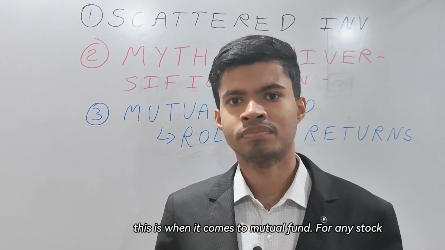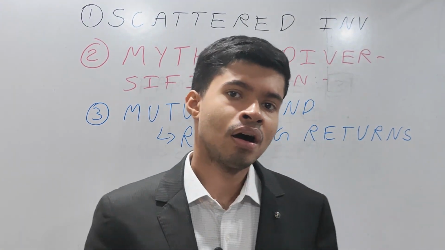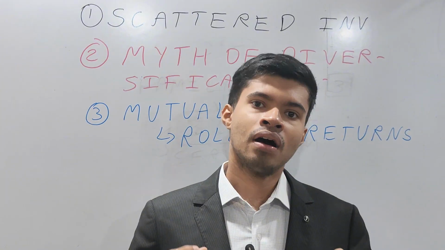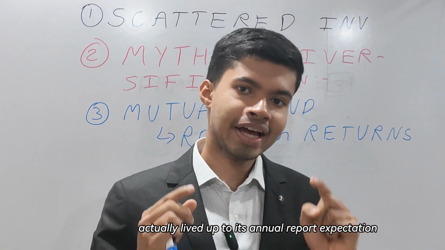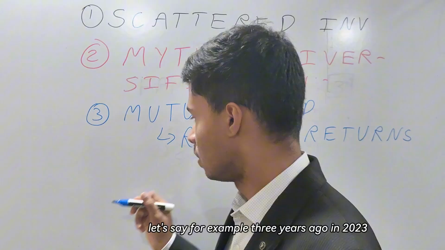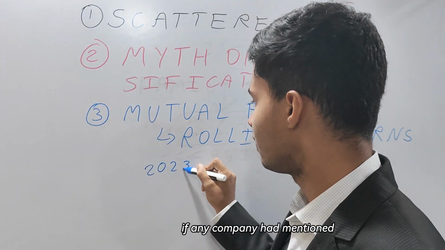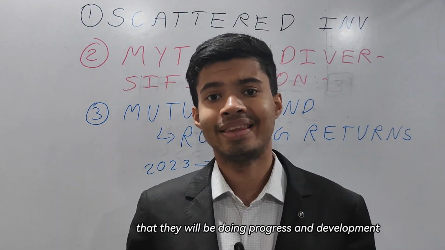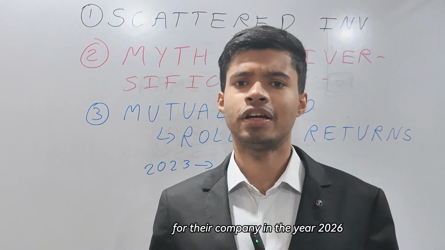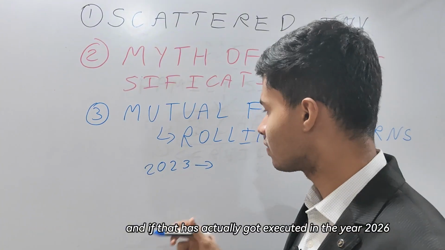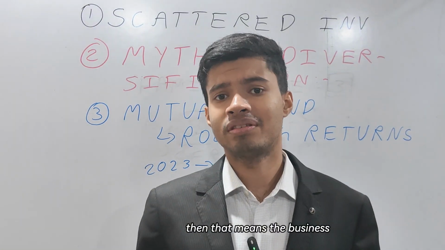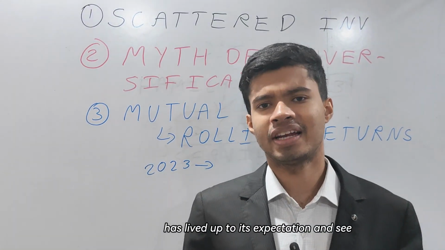For any stock, it depends on how the annual reports have been presented and whether the company has actually lived up to its annual report expectation. Say for example, 3 years ago in 2023, if any company had mentioned that they will be doing progress and development for their company in the year 2026, and if that has actually got executed in the year 2026, then that means the business has lived up to its expectation.